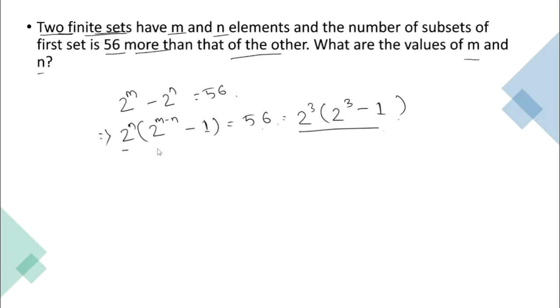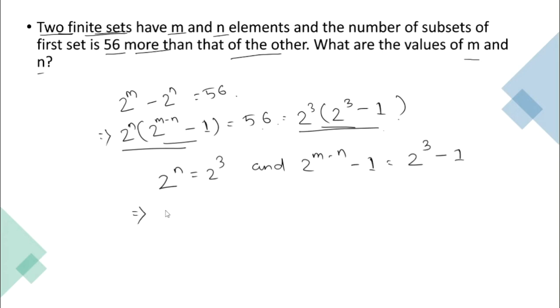Now compare this expression with this expression. By comparing these two, you can write 2 to the power n equal to 2 to the power 3 and 2 to the power m minus n, minus 1 equal to 2 to the power 3 minus 1. This implies n equal to 3 and 2 to the power m minus n equal to 2 to the power 3.